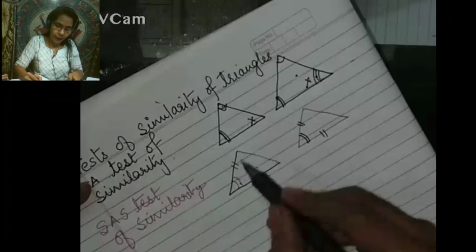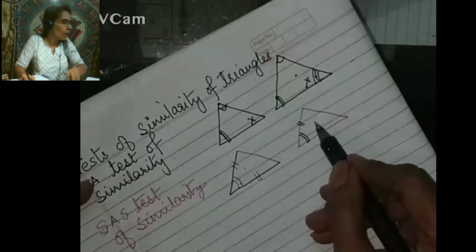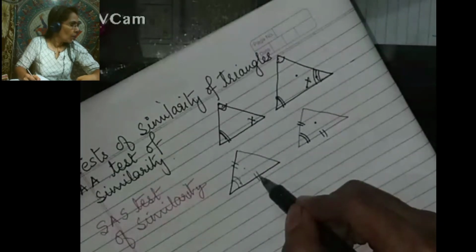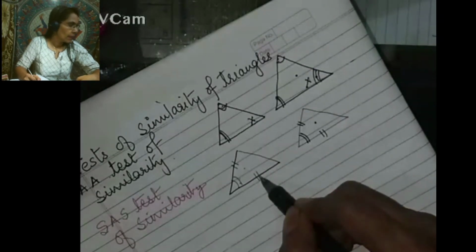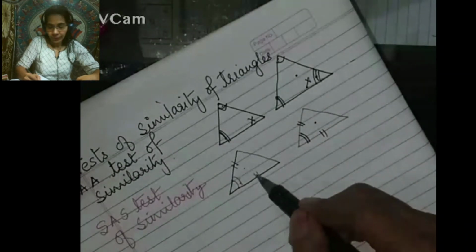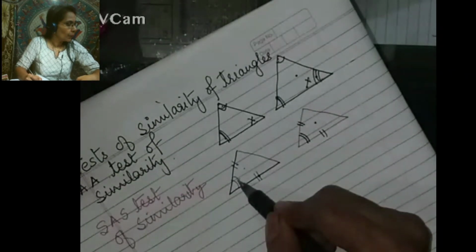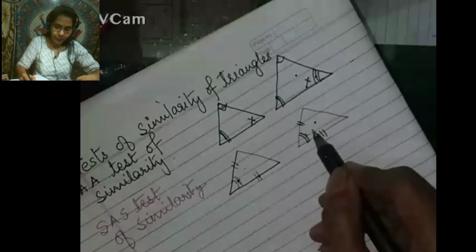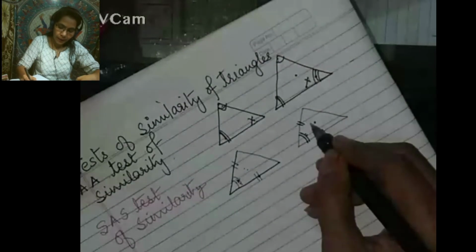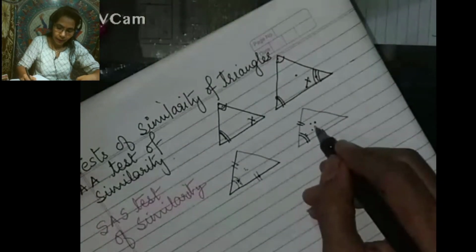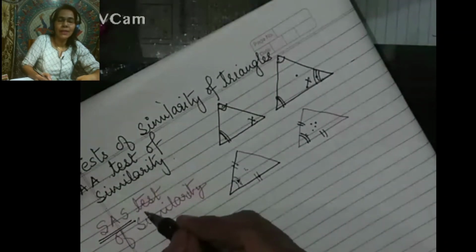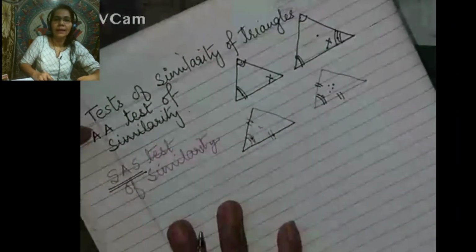Okay? For a given correspondence of two triangles, if two pairs of corresponding sides are in the same proportion and the angle between them are congruent, then the two triangles are said to be similar by SAS test of similarity.